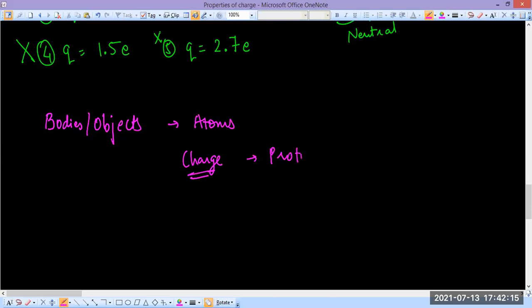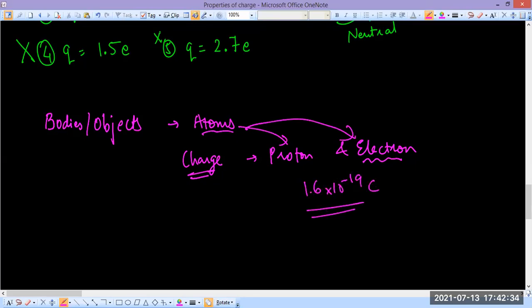From proton and from electron. If both of them have this much charge in value, then it's not a surprise that everything can only have one proton, two protons, 100 protons, some electrons. You can't have half an electron.